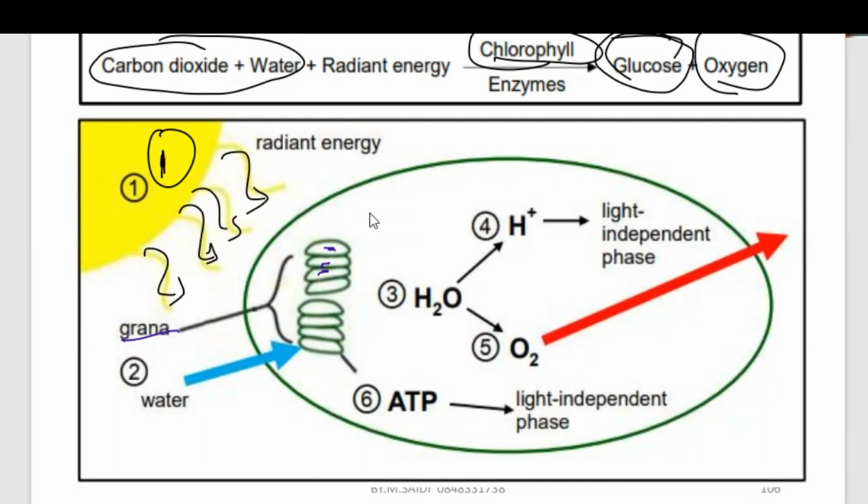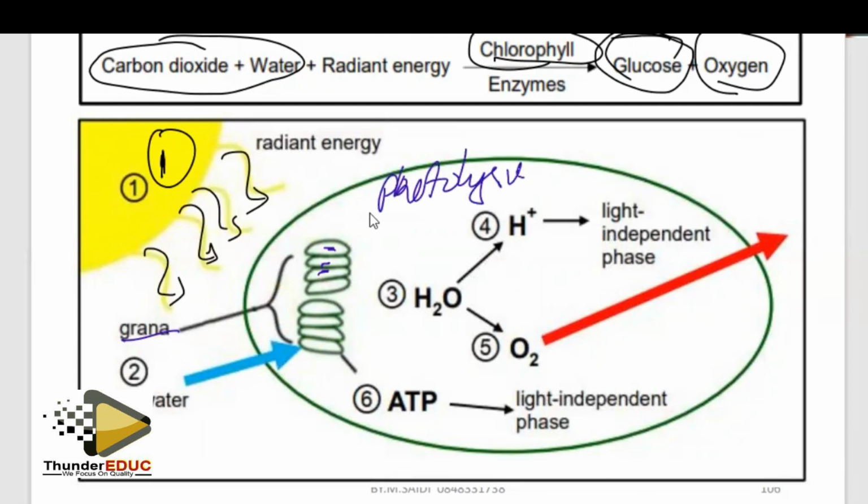This plant will absorb water from the soil, and then this light will help to carry out a process called photolysis. Lysis means splitting, and photo means light.